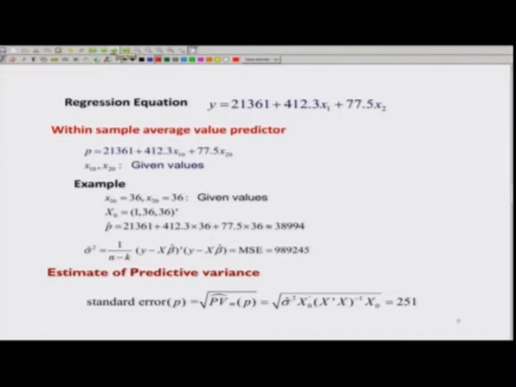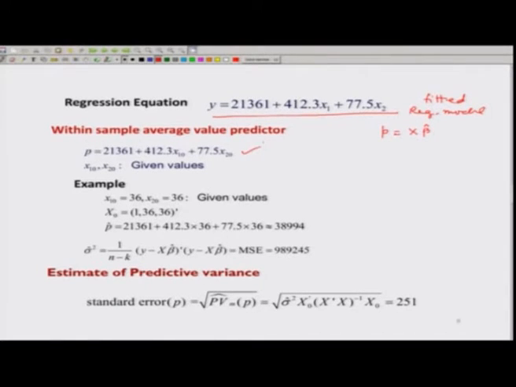But before that, remember that this was our regression model that was fitted. Using this regression model, we had discussed that a predictor can be constructed as x beta hat. So using this model, we have constructed this predictor, where x1 naught and x2 naught are some given values.